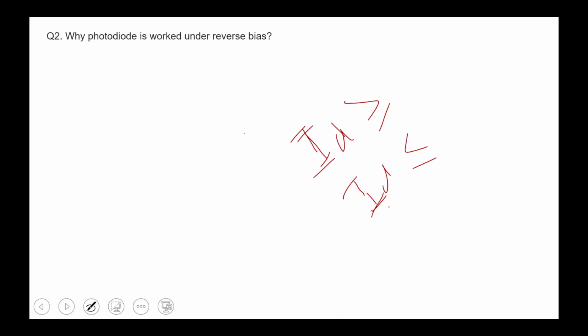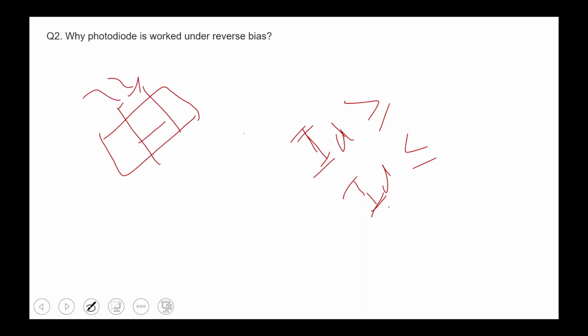Suppose we have not exposed any light and we do the biasing of the device with reverse bias. In that case, should the generated current be large or less? Suppose this is our device and light is not focused on it.